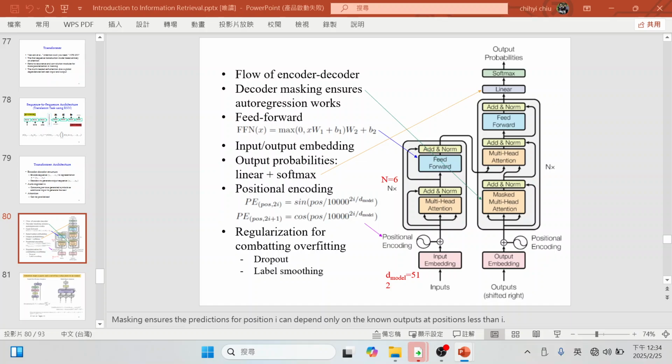So this is the whole step for the whole calculation. I will show the equation on the next slide, but it's the whole calculation for the attention mechanism.